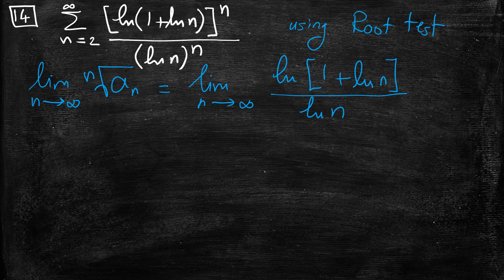There are no properties for the product or the division of logarithmic functions together. If we have something like this, let's remind ourselves there is actually a rule.